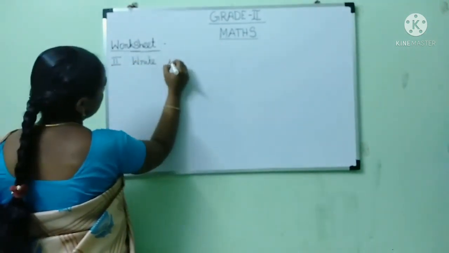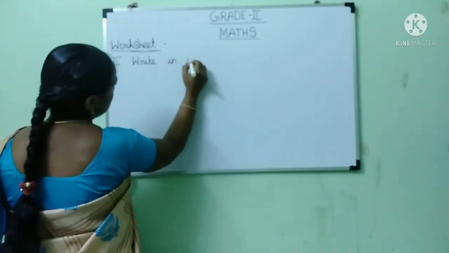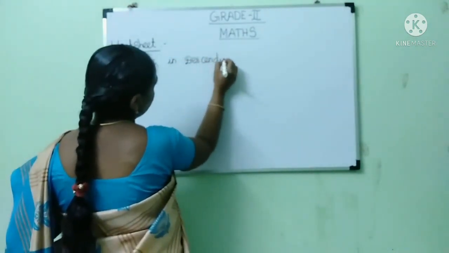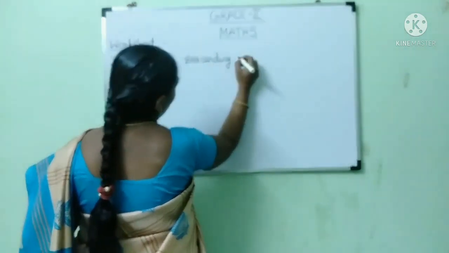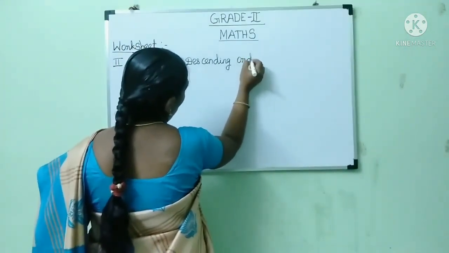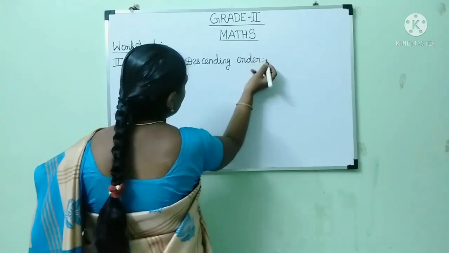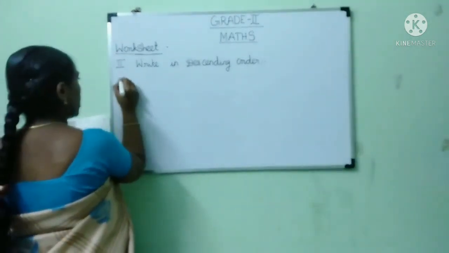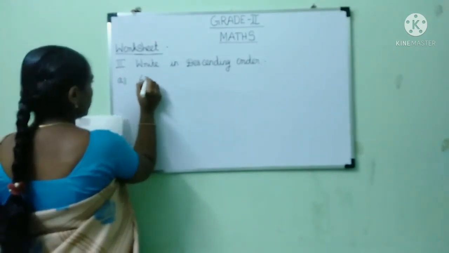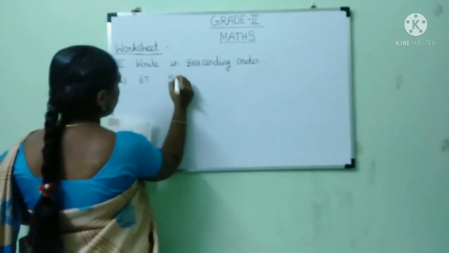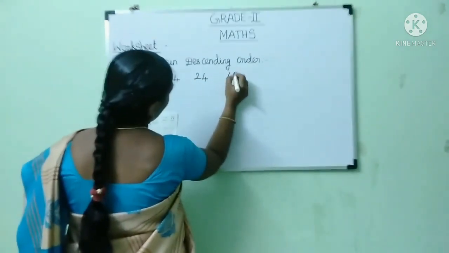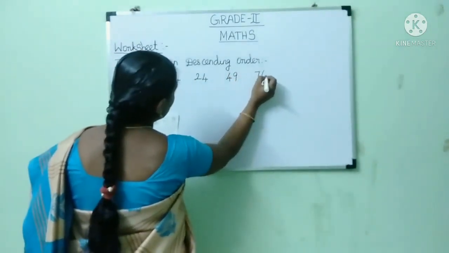Write, W-R-I-T-E. Descending, D-E-S-C-E-N-D-I-N-G. Order, O-R-D-E-R. Descending order. Are you clear, children? See, the first sum, 67, 54 and 24, 49 and 76.